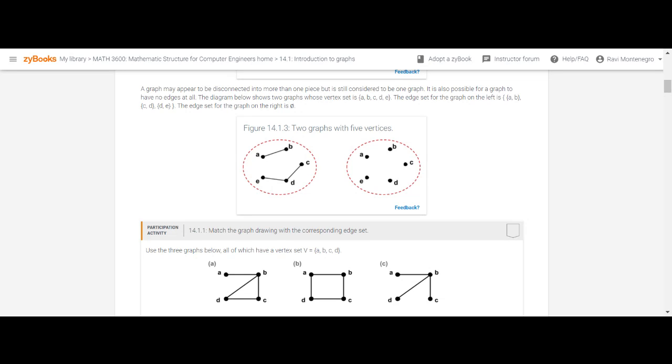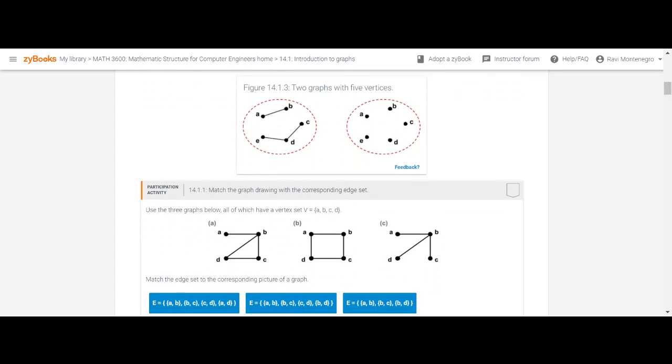So on the figure 14.13, if I put the absolute value of V, capital V, I would be asking how many vertices are there? And the answer would be 5. If I put the absolute value of E, that would be the number of edges, which is 3. And you don't read it absolute value, you read it as cardinality.